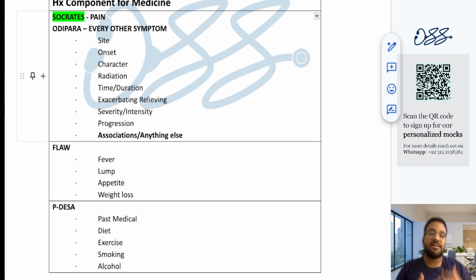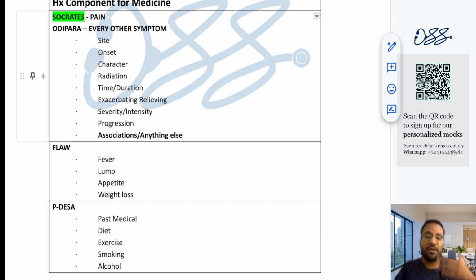If you're asking it in a specific way, you're automatically giving the impression to the examiner that he is doing SOCRATES and trying to explore the differentials and the symptoms. Whatever question he's asking, there is a logic behind it. He's trying to rule out a particular differential when he's asking about the radiation. Let's suppose I'm thinking about aortic dissection in a patient with chest pain.